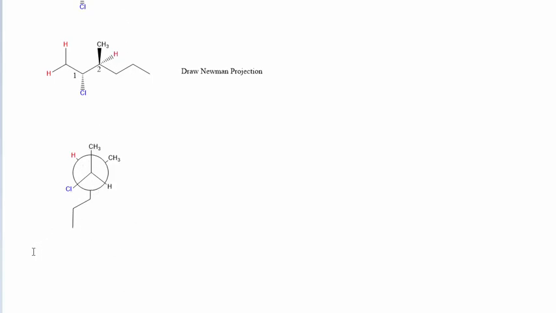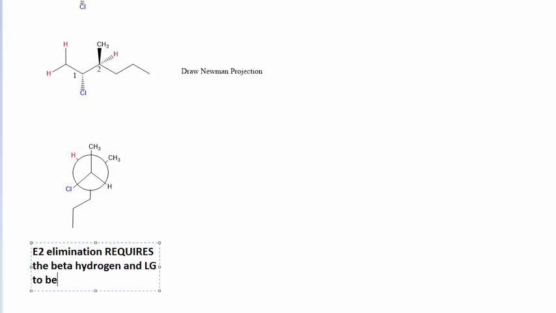Okay, so as we learned last time, E2 elimination requires the beta hydrogen and the leaving group to be anti-periplanar. Now, anti, you should know what that means.